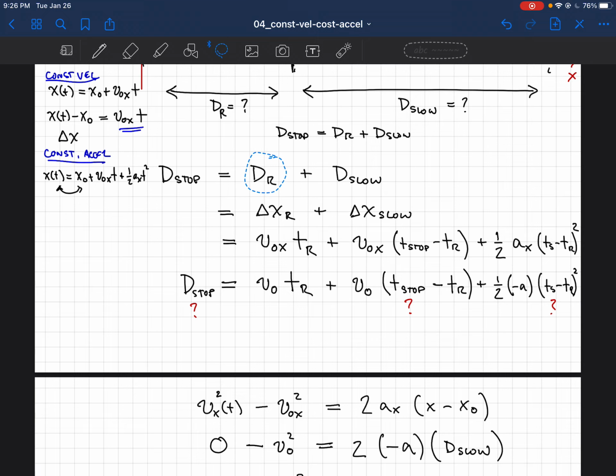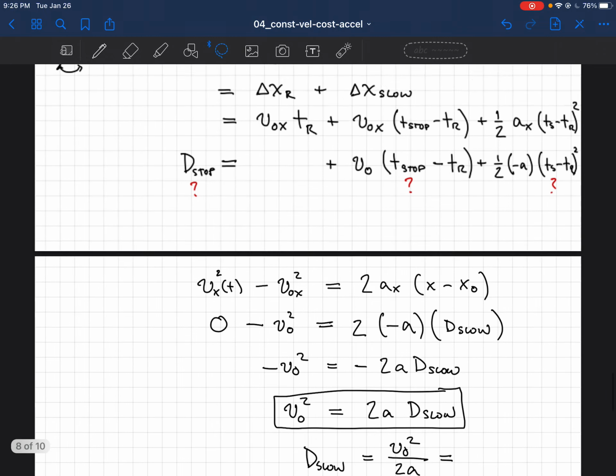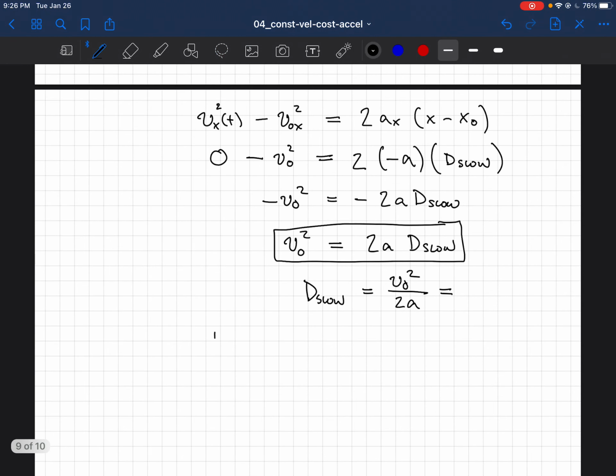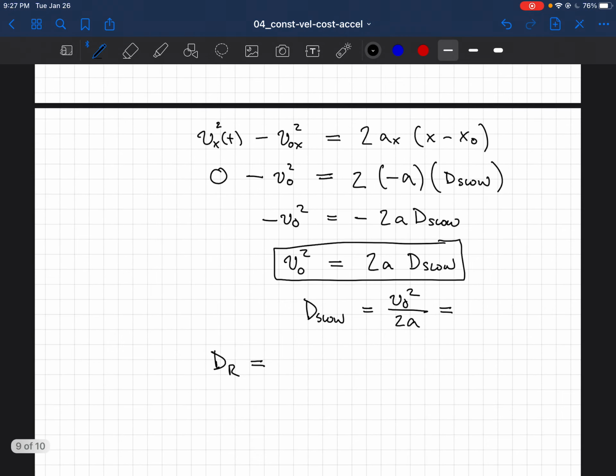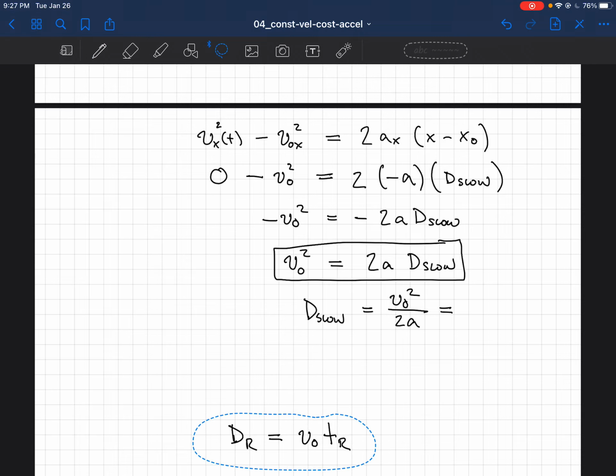If I can find out what d react is, then I can solve the whole problem. But d react was just this quantity here, and we know both of those things. So it looks like we have d react is going to be equal to v0 times t react. Let me write that out completely.